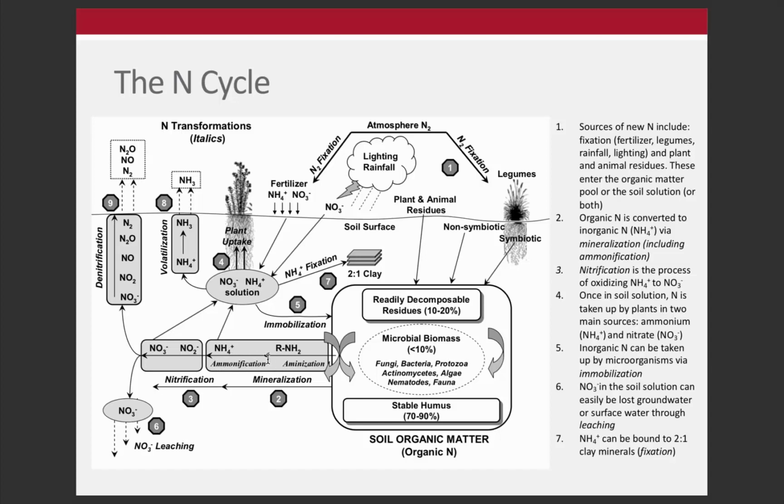So that makes sense. Taking it from an amine group, if you go back to organic chem, to an ammonium molecule. So it's this ammonification, okay? So collectively that process from an organic to an inorganic form is mineralization.